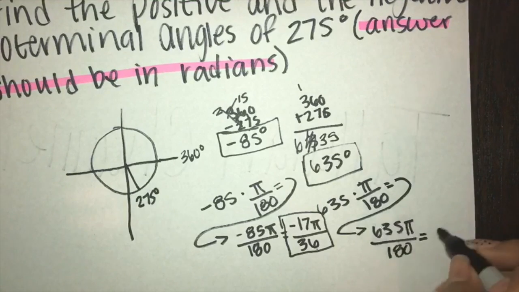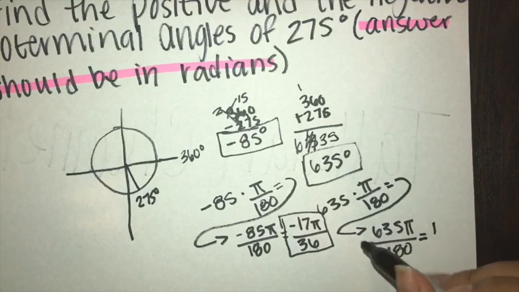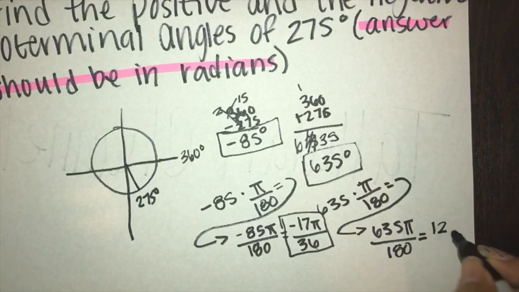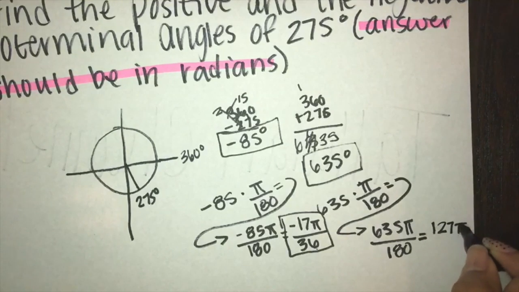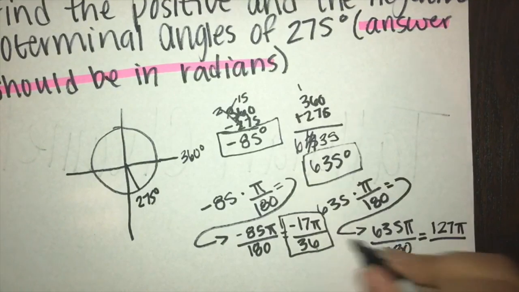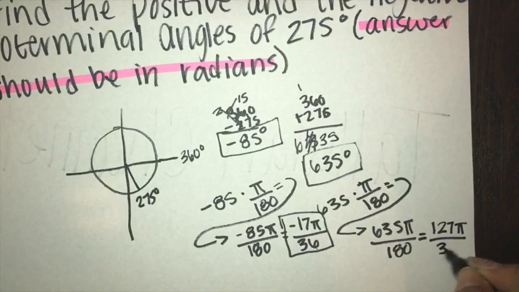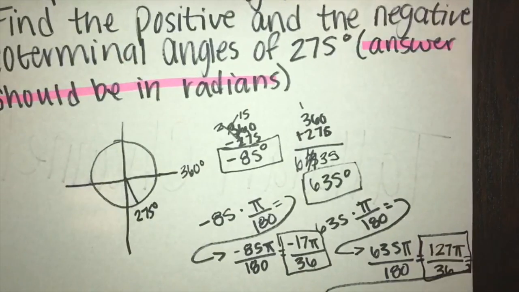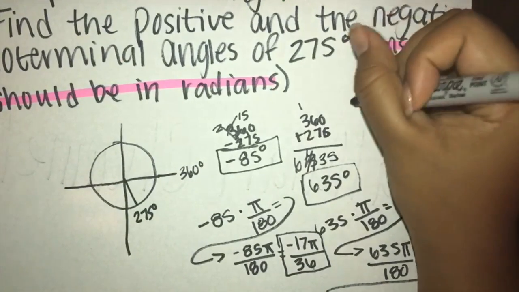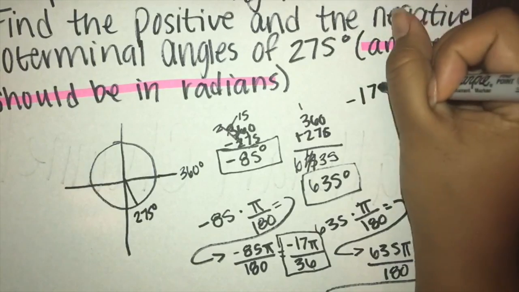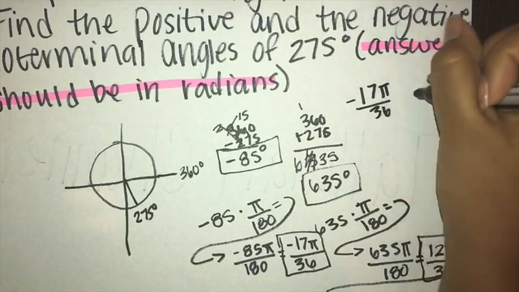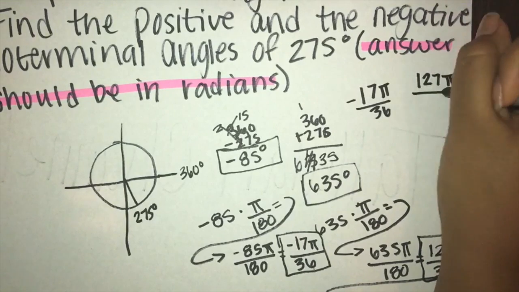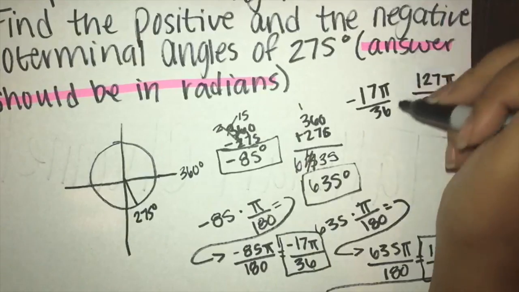So 5 goes into 635 127 times, and then this would, of course, end up being 36 as well, seeing as it is also divisible by 5. And this would be your positive answer. So the answers would be negative 17 pi over 36 and 127 pi over 36.